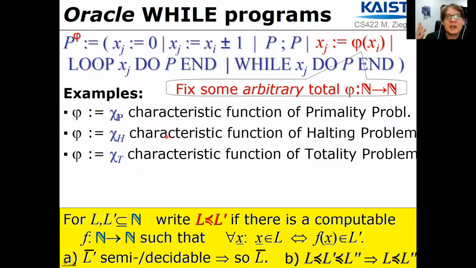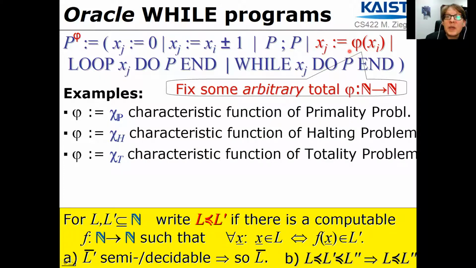So by adding this characteristic function to the while programming language as an Oracle, one can now even decide the totality problem, again by simply invoking that function. And one can decide the halting problem because the totality problem is strictly more undecidable.